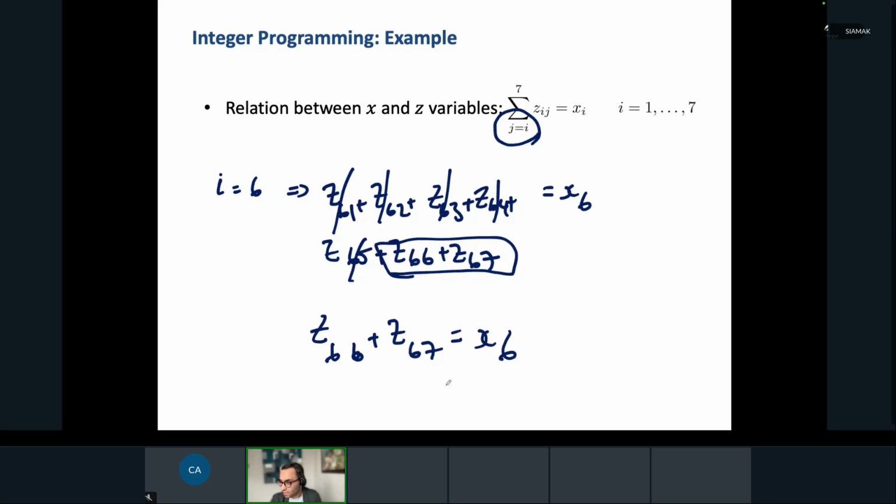Essentially, x6 gives you the total amount of box 6 which is produced, and the left hand side is the portion of the 6 used to satisfy demand of 6 and the portion used to satisfy demand of 7. Does this make sense?